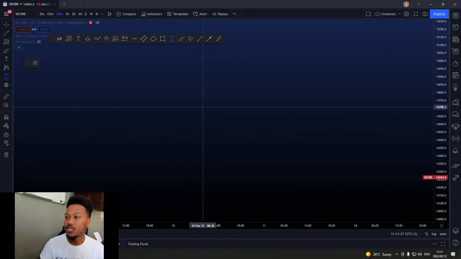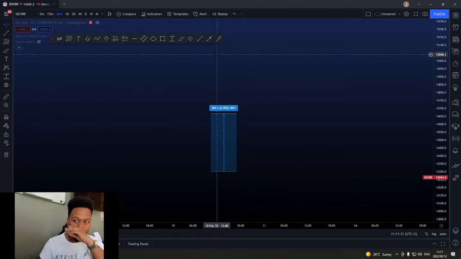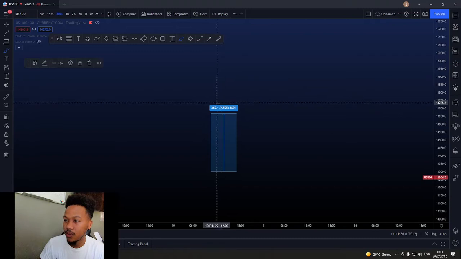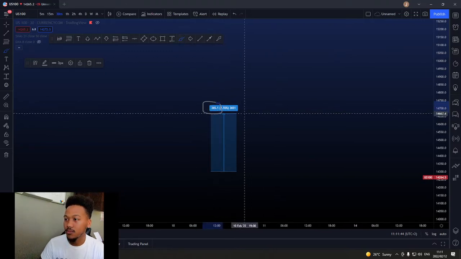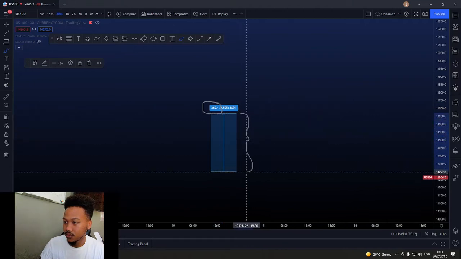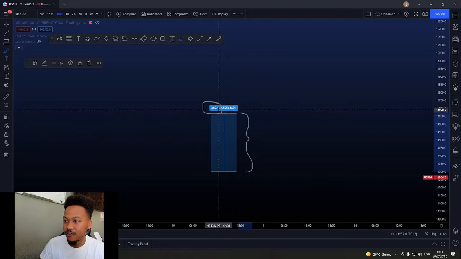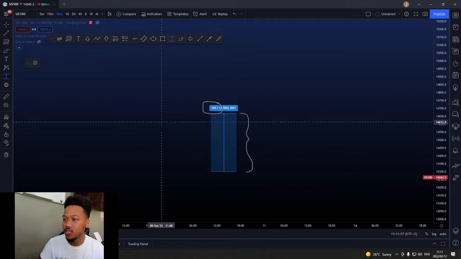Let's see how we use this little tool. As you can see, we look at this number in front: 365.1 pips. This simply means that inside this area, it is equivalent to 365.1 pips. Quite straightforward.